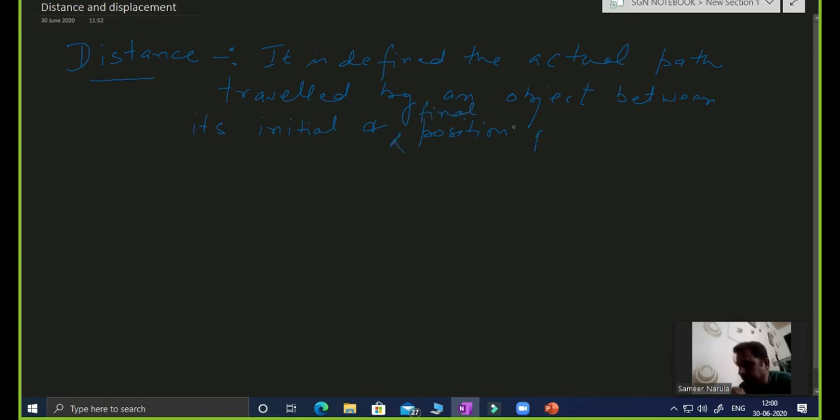So that means the actual path which is traveled by an object between initial and final position.